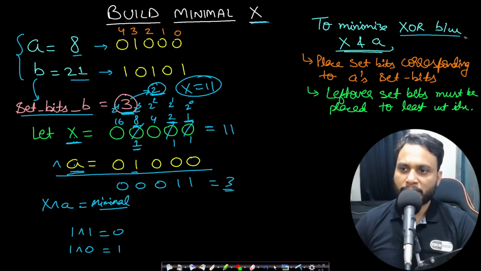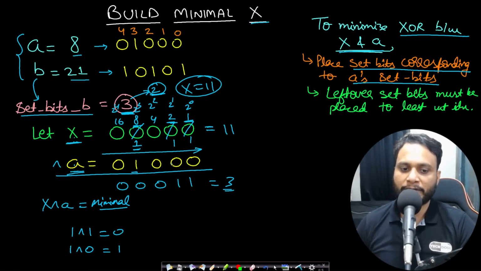So to minimize the XOR value between X and A, we need to place the set bits corresponding to A's set bits, and this nullification must happen moving from left to right, because let's say there were two set bits in A. One was at 8 and another one was at, let's say, 2. And we had just set bits in B equal to 1. So where will I place this one set bit?